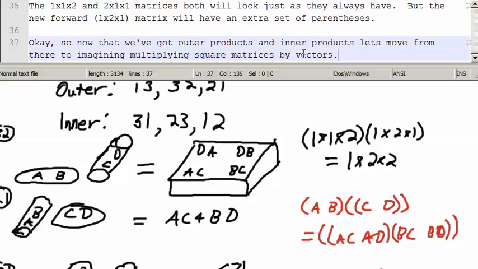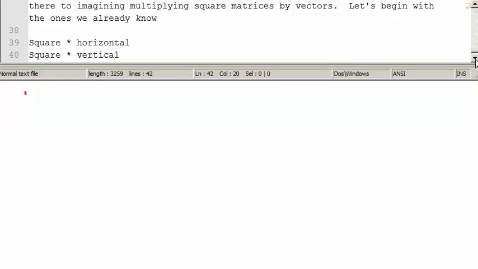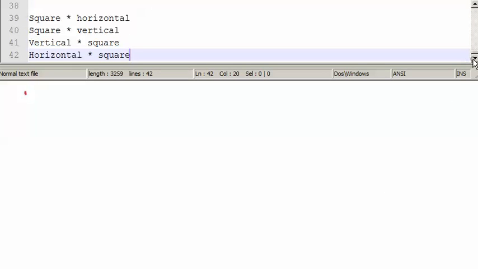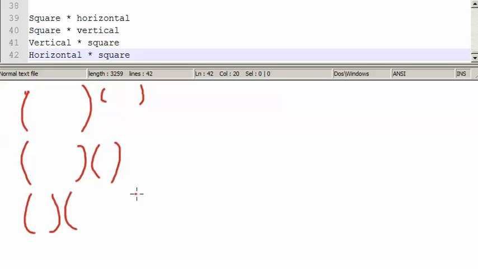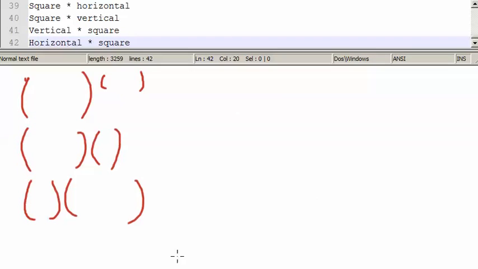Let's move from there to imagining multiplying square matrices by vectors. Let's begin with the ones we already know. We've got square times horizontal, square times vertical, vertical times square, and horizontal times square.